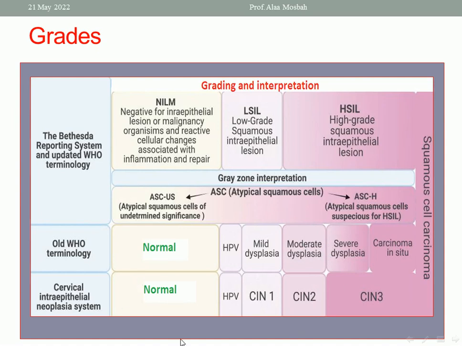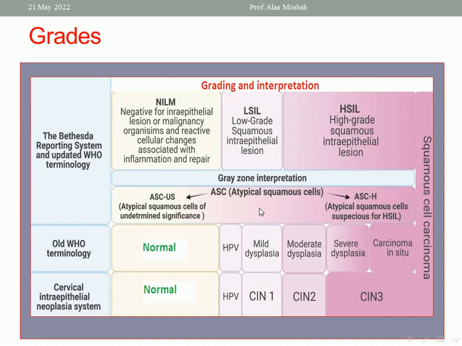According to the Bethesda system, as updated by WHO, there are certain categories: negative for intraepithelial lesion or malignancy, or low-grade squamous intraepithelial lesion, or high-grade squamous intraepithelial lesion. This is the most important.